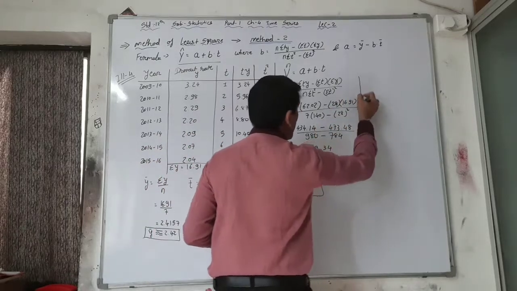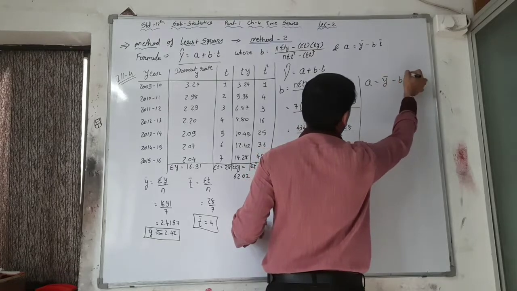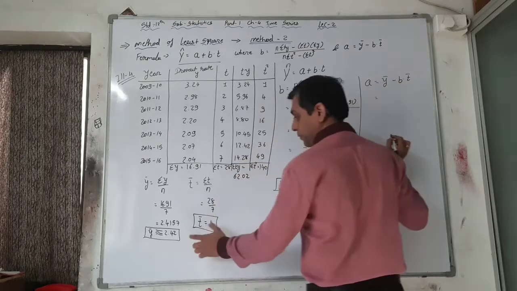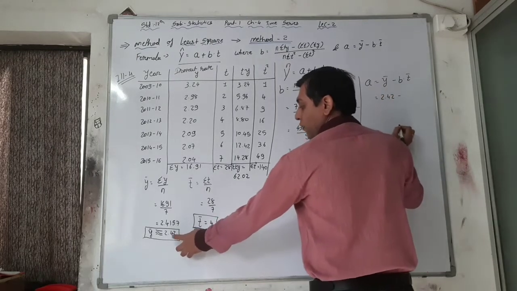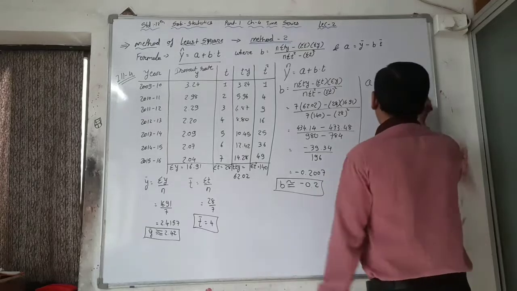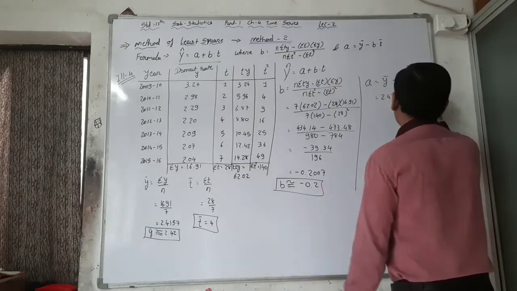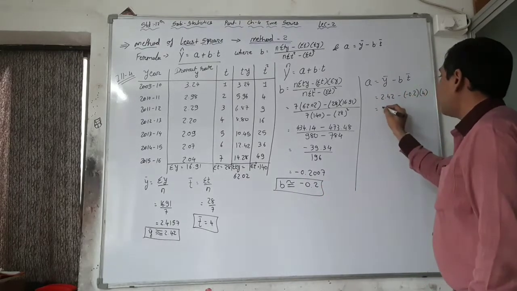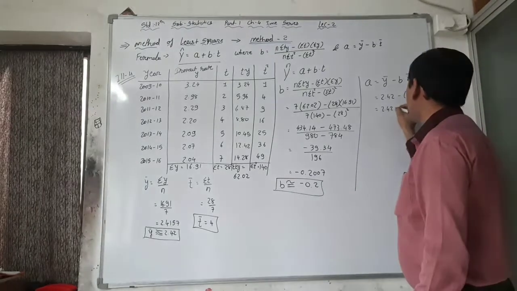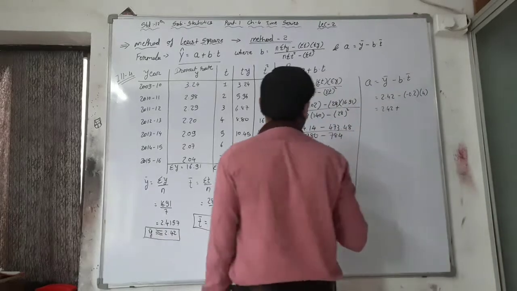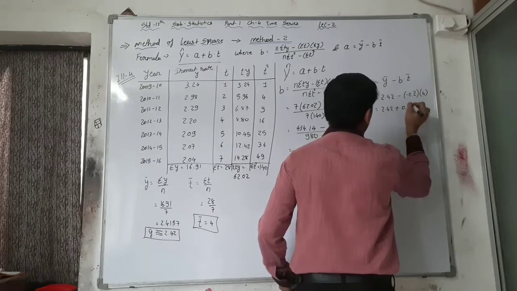Now find out the value of A. A is equal to Y bar minus B T bar. What is your Y bar here? 2.42. The approximate value we are taking. This is the final answer, 2.42. Then B is equal to minus 0.2 into T bar is equal to 4. See here, first of all 2.42, then minus minus, that's why we are taking plus. Then 0.2 into 4, that is 0.8. Right?